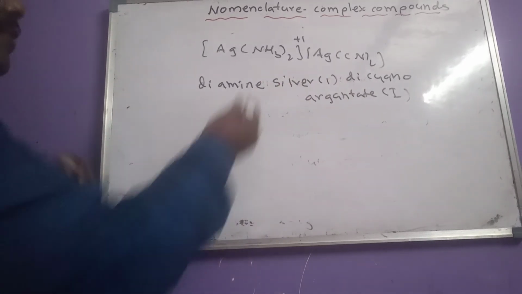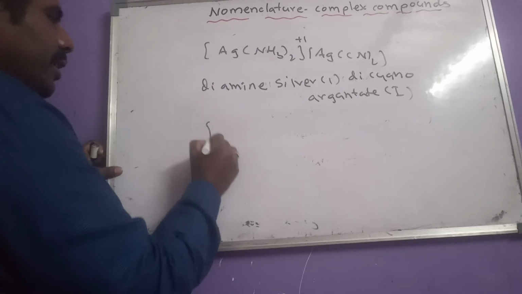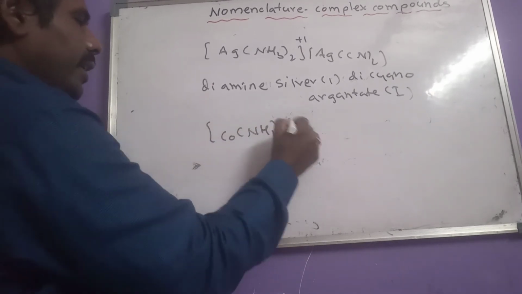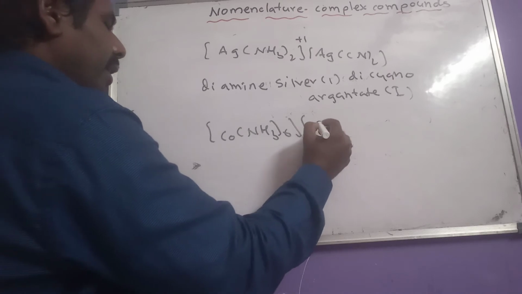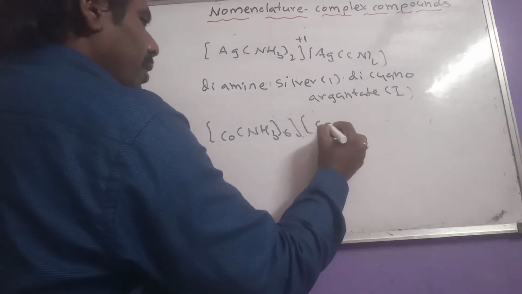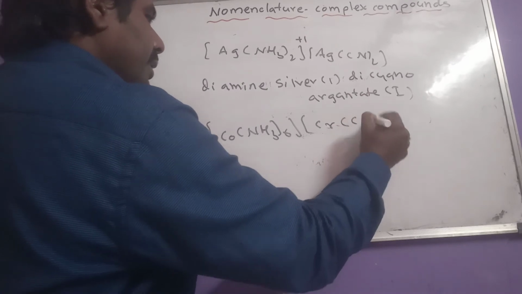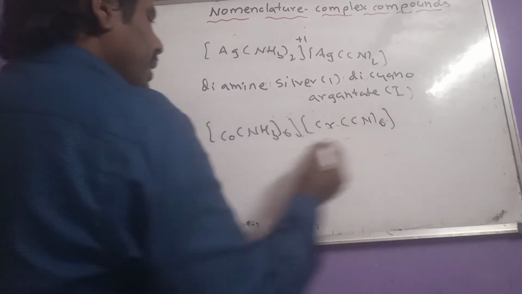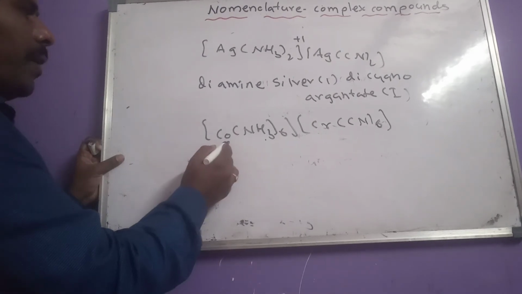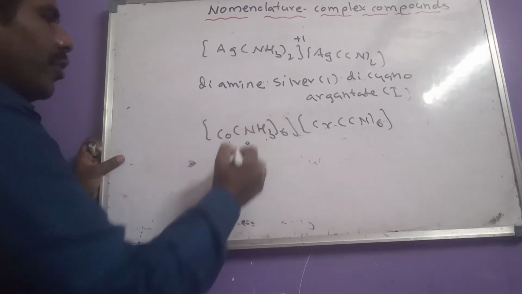Another example I will give for such type. What is that here? [Co(NH3)6][Cr(CN)6]. Here ammonia is a neutral ligand, so this cobalt gets oxidation number 0.